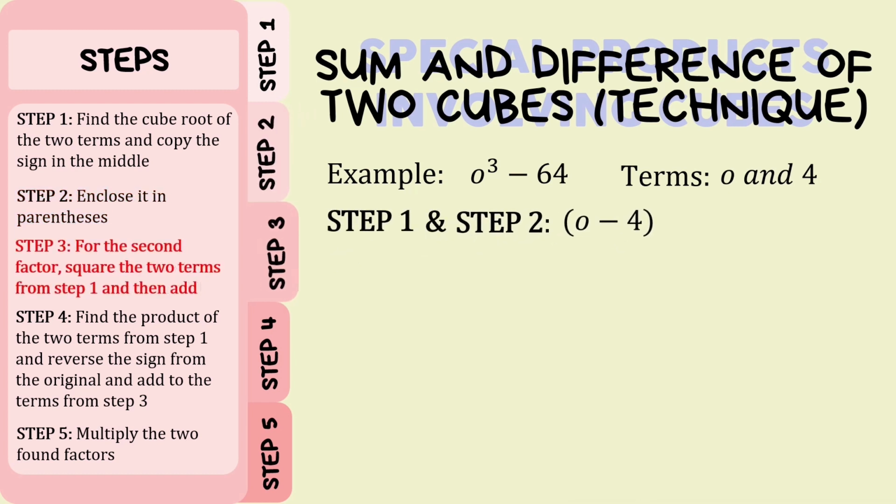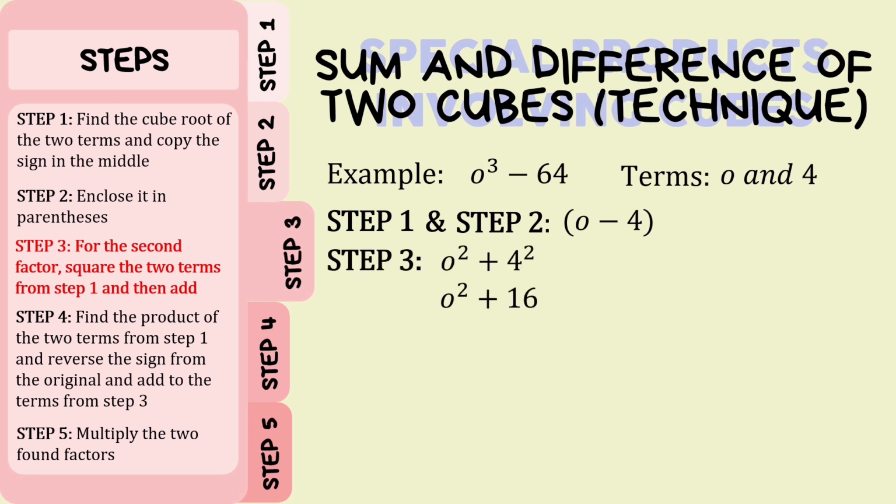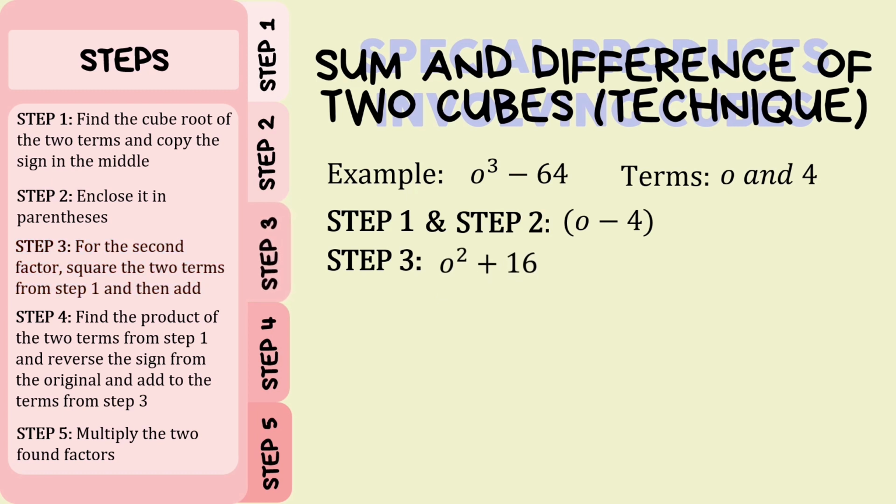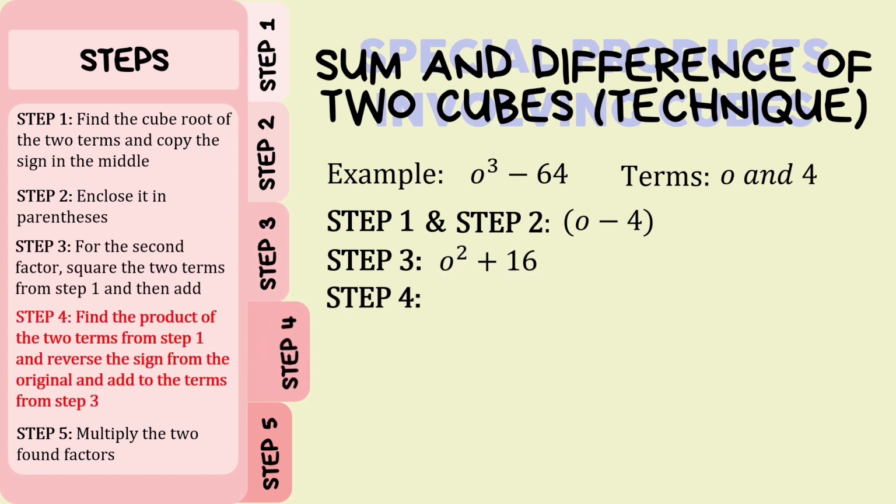The third step is to square the two terms and add. We have o and 4. Therefore, the squares are o squared and 16, and adding them, we have o squared plus 16. Next is to find the product of the two terms and reverse the sign from the original. So we have a minus from the original, we should have a plus in this step.